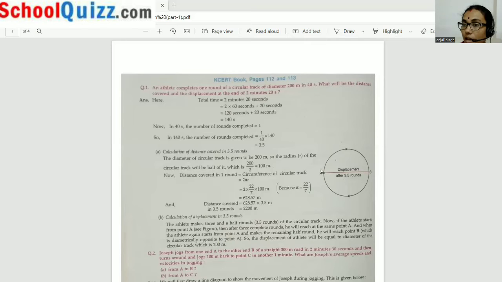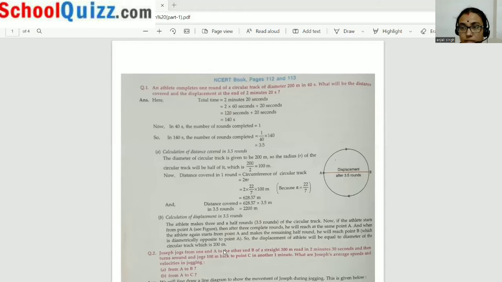And displacement is the shortest distance covered by an object. So instead of moving from point A to B in this direction, the athlete should directly move from A to B like this. So displacement will be equal to the diameter, and that will be 200 meter.